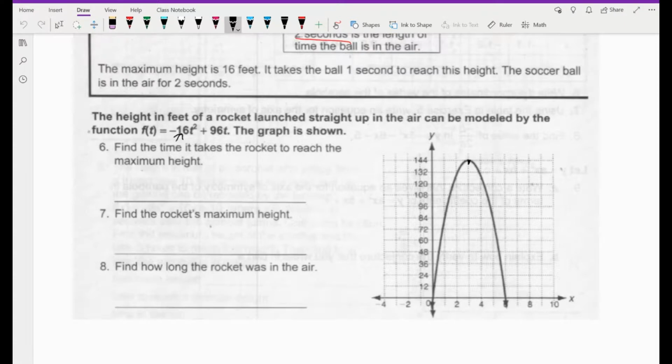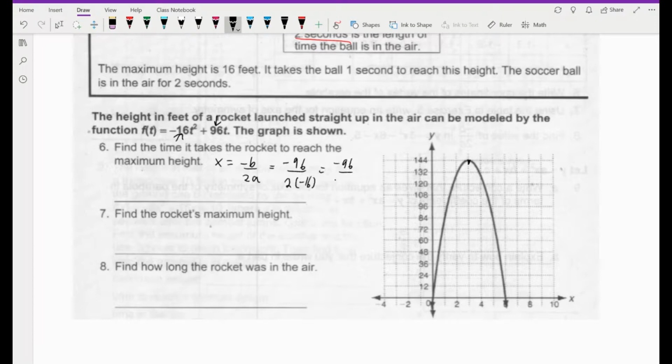Okay, let's find the axis of symmetry for this parabola. x equals negative b over 2a. The b here is the 96, and of course the a value is the negative 16. So negative 96 over 2 times the a value, which is negative 16.